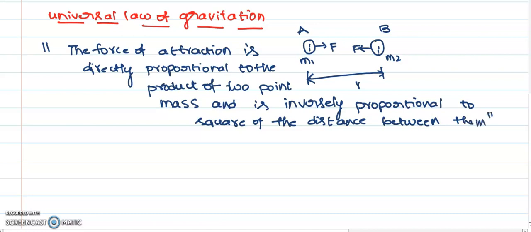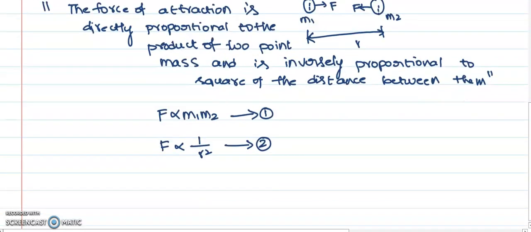According to the universal law of gravitation, F is directly proportional to m1 m2, taken as equation number 1, and F is inversely proportional to r square, equation number 2.